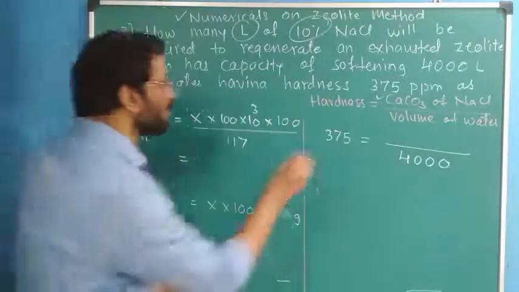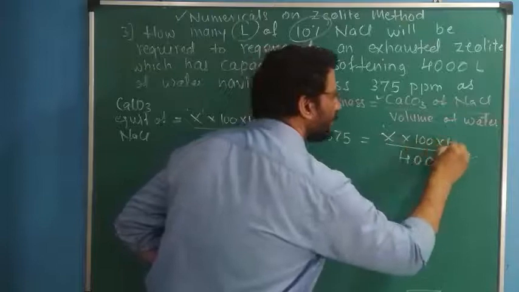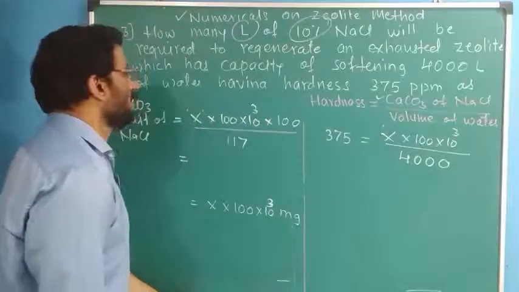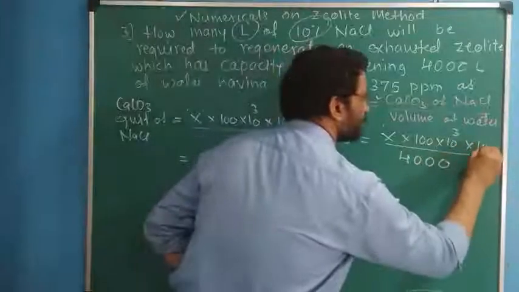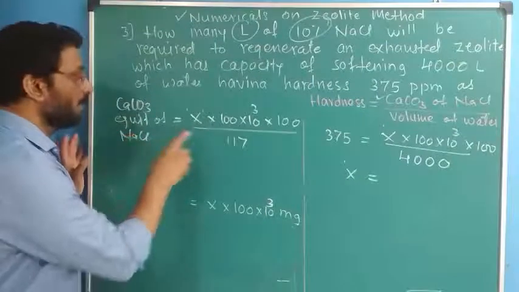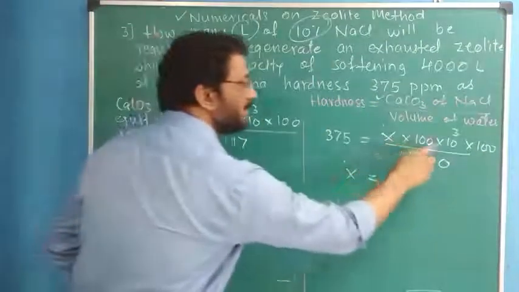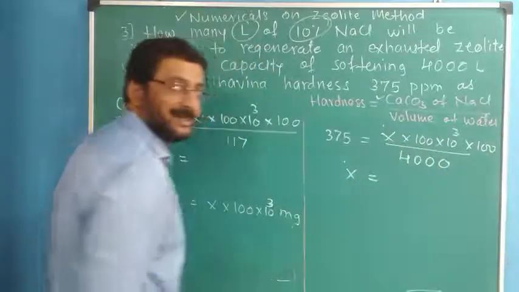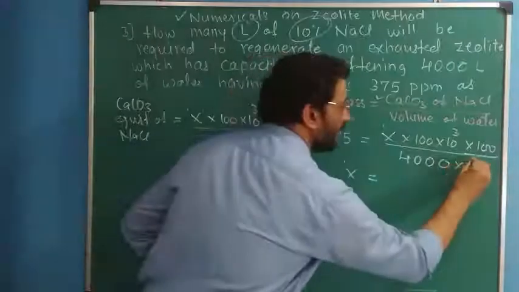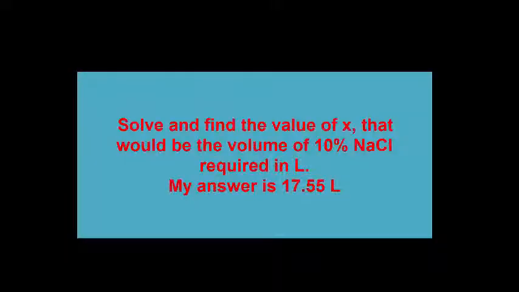CaCO3 equivalent will be X into 100 into 10 raised to 3, into 100 divided by 117. From that X we can find out the CaCO3 equivalent of NaCl, divided by 117 into volume, which is already given.